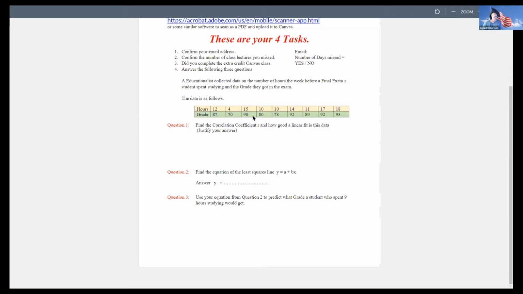So I would probably expect for 9 hours to be somewhere around 78, 77, 76. So if you don't get that kind of number, you might be a little bit worried. If you think he gets 12, you're wrong. If you think he gets 140, you're wrong. For 9 hours, you should get a grade somewhere in the range of that data.